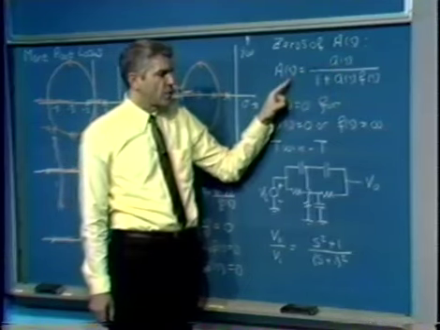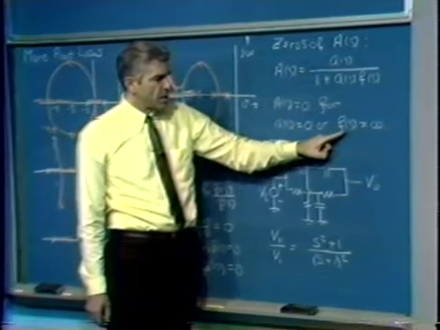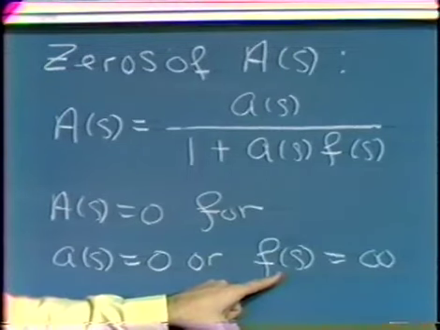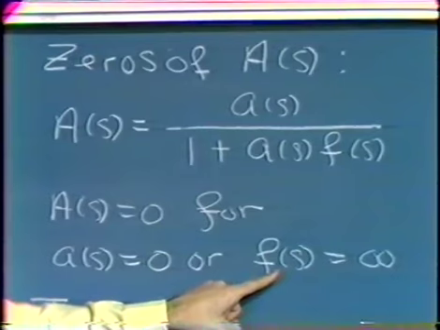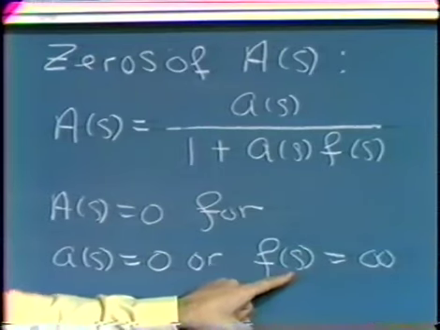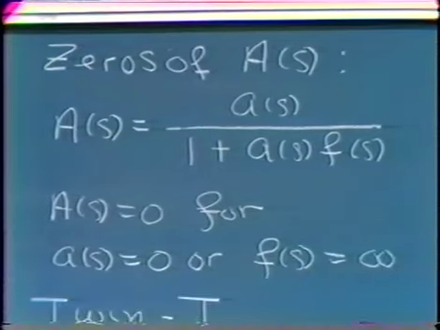Consequently, this expression goes to 0. So the other possibility for a zero of the closed loop transfer function is to be at a pole of the feedback transfer function, a point in the s-plane where the magnitude of f of s equals infinity.